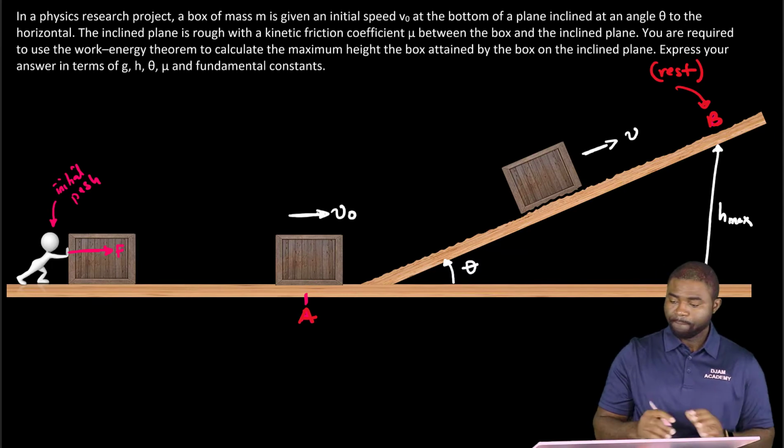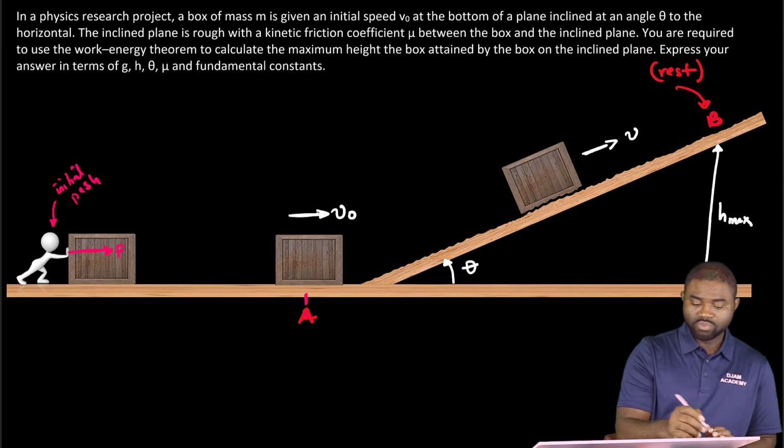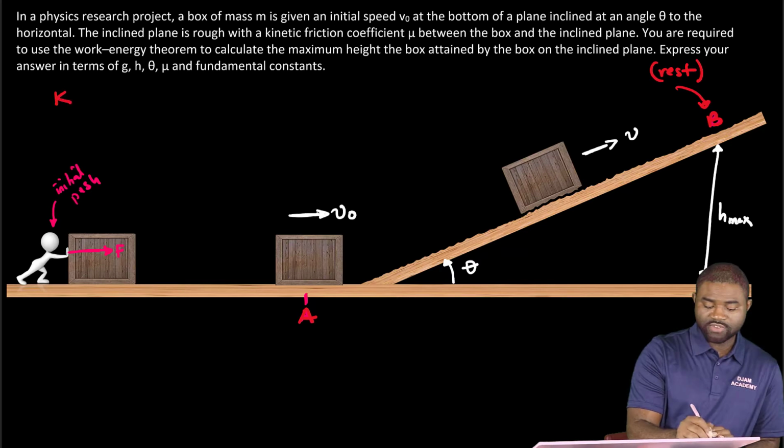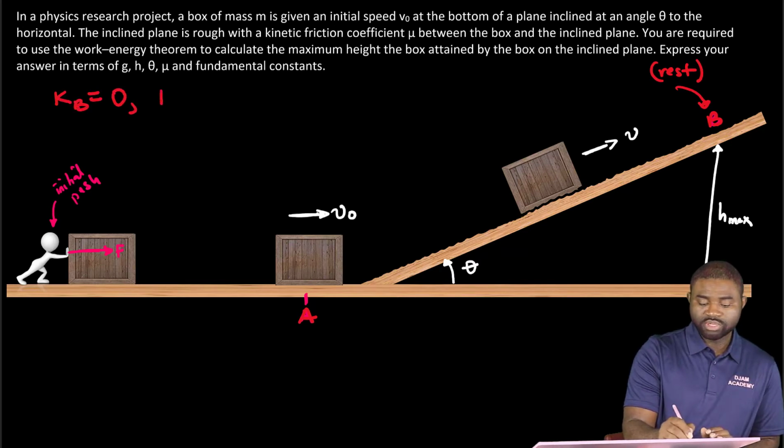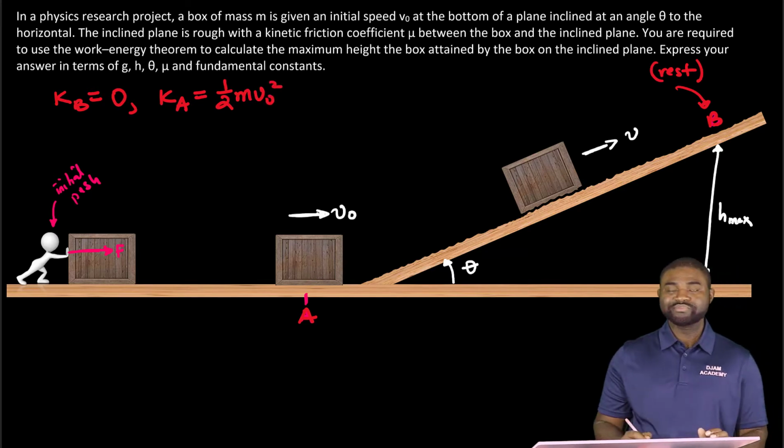Keep that in mind. So that being said, we therefore can see that the kinetic energy at B is equal to 0, but the kinetic energy at A will be equal to 1/2 mv0 squared.